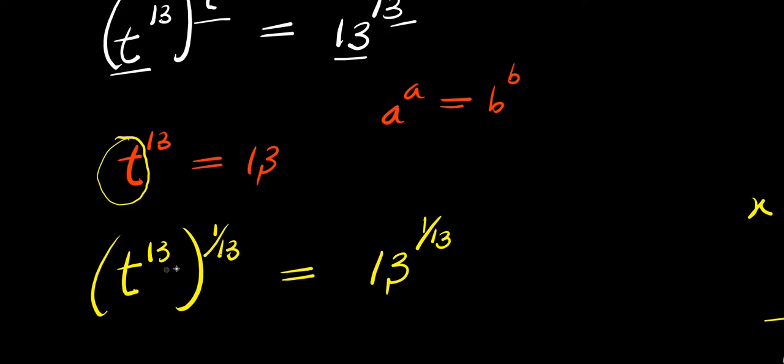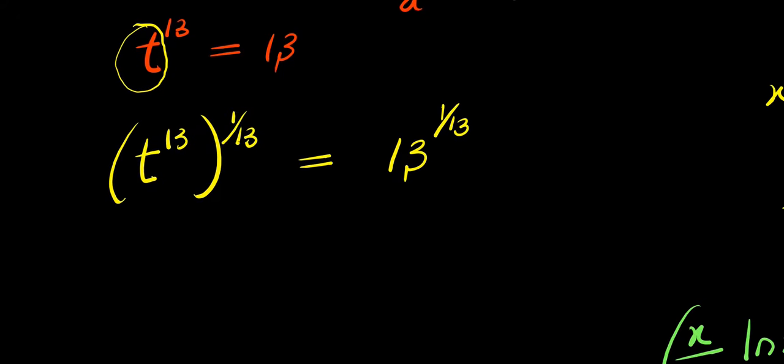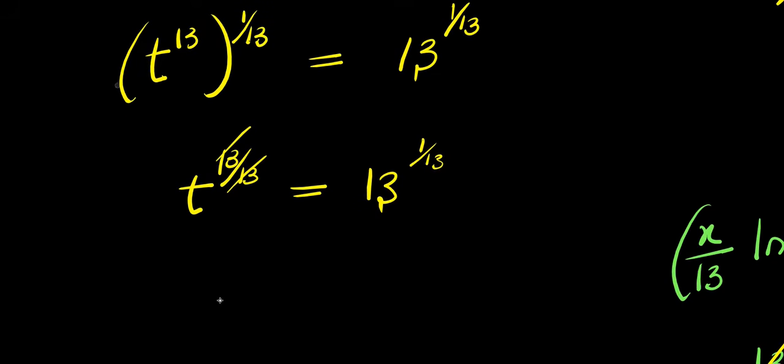So by multiplying this exponent, I will simply have t^(13 times 1, that is 13 over 13) equals 13^(1/13). So this cancels this. So that means I will simply have t equals 13^(1/13).